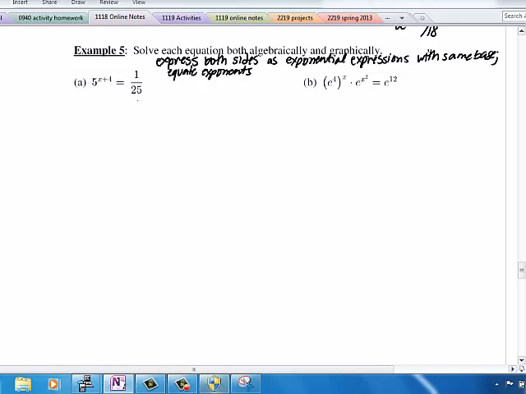So in example 5a, we have on the left side, obviously the base is 5 and the exponent is x plus 4. We want to be able to write 1/25 as 5 to a power, and that's a reciprocal, so we know that the exponent is going to be negative. 5 squared is 25, so that would be 5 to the negative 2. Since the bases match, the exponents must be equal.